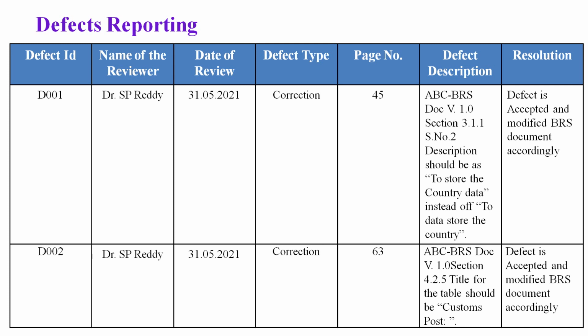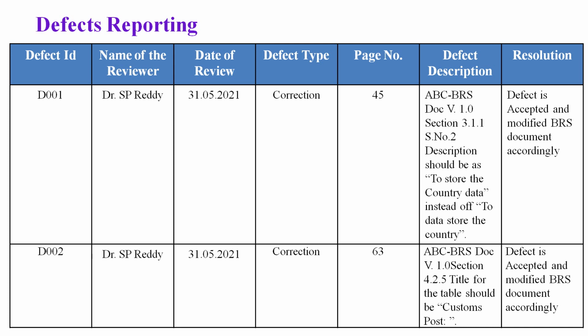That means once that ID number is assigned to a particular defect, the same ID number should not be used in the project for any other defect. The name of the reviewer is Dr. S.P. Reddy, the date of the review is 31/05/2021, the type of the defect is correction, and the page number is 45. That means on page number 45 I found this defect.